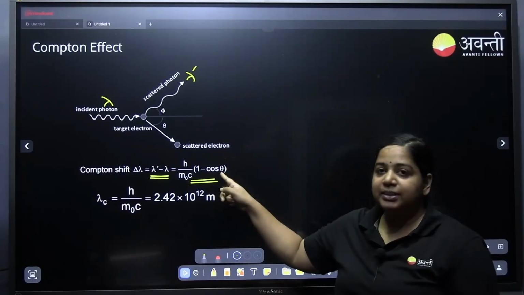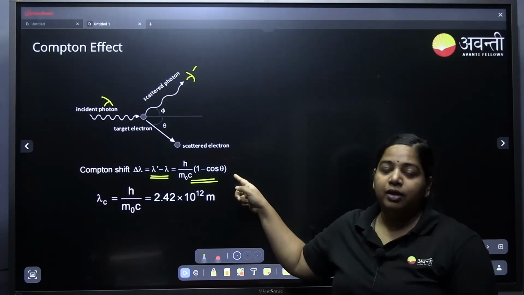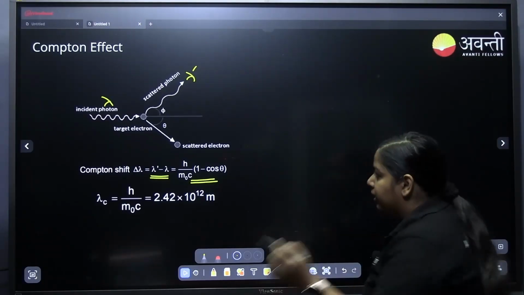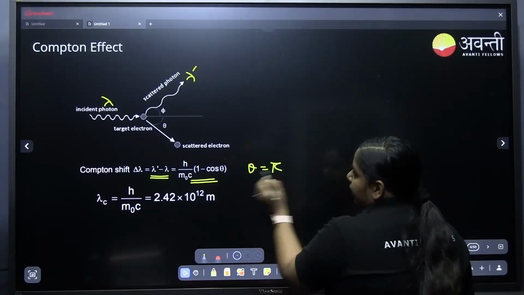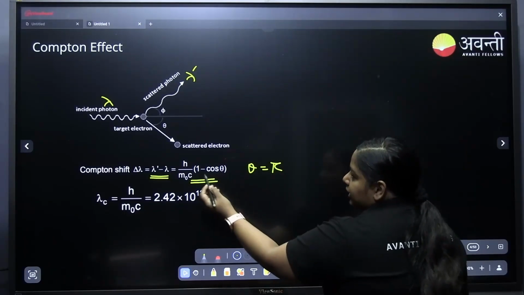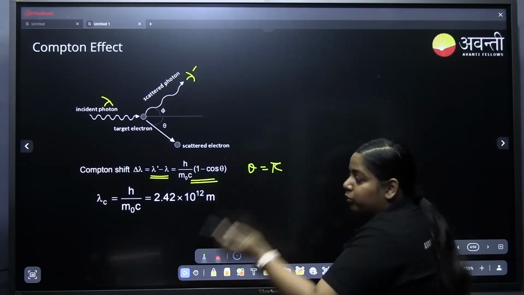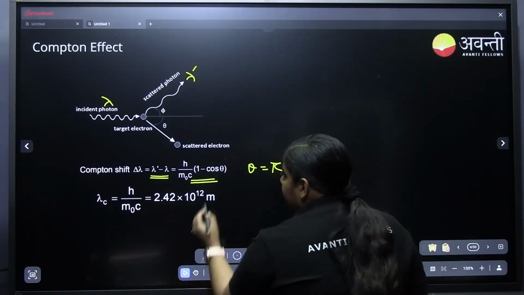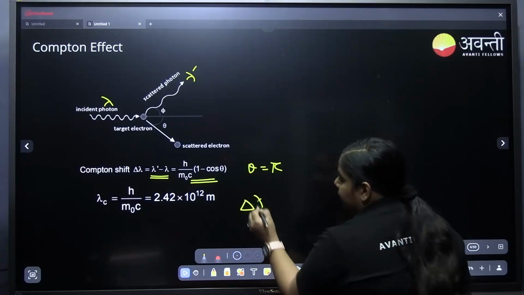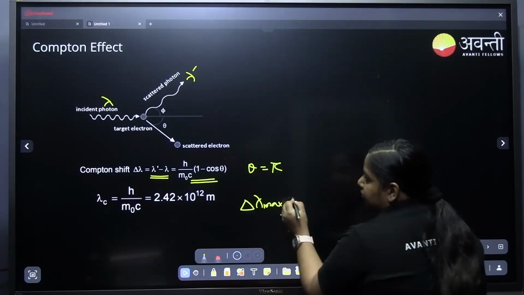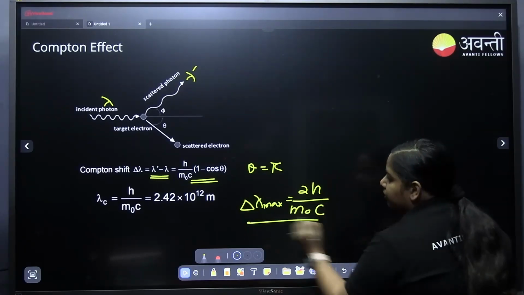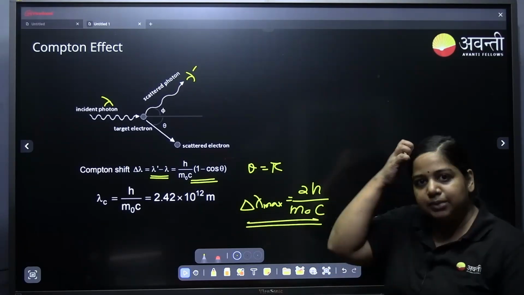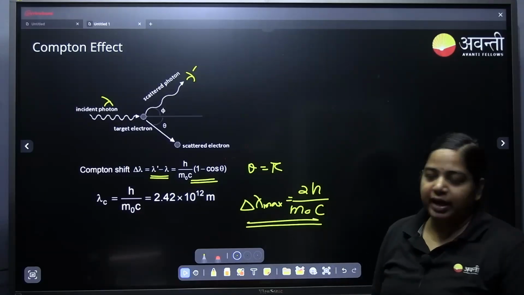This will be maximum when theta equal to pi, because it will become minus 1, plus 1, 2. Delta lambda maximum will become 2h by m naught c. This is the maximum shift in wavelength that can happen.